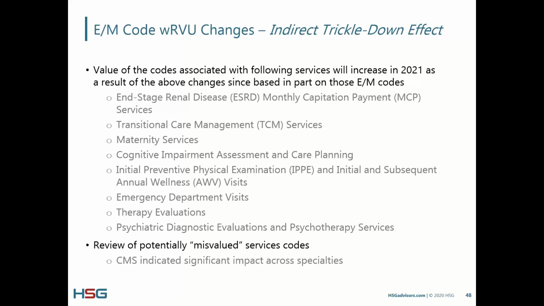Can you reevaluate what you're assigning to them? In all of these areas, there's a trickle-down effect from the changes in the 99202 to 205 and the 99211 to 215 RVU changes. So it affects many more things, across numerous specialties, not only the ones readily visible here but also the ones in the misvalued codes. Very interesting elements and very interesting changes.